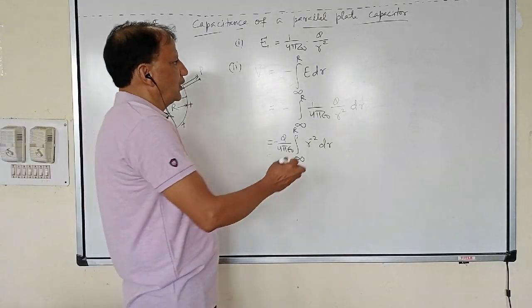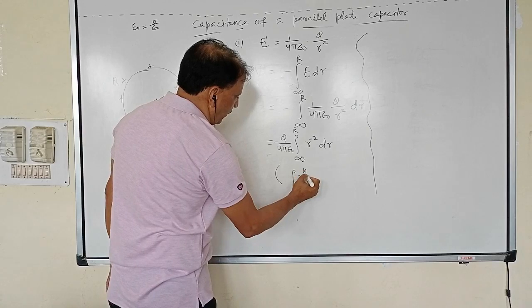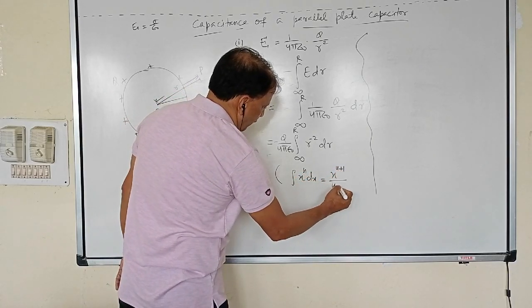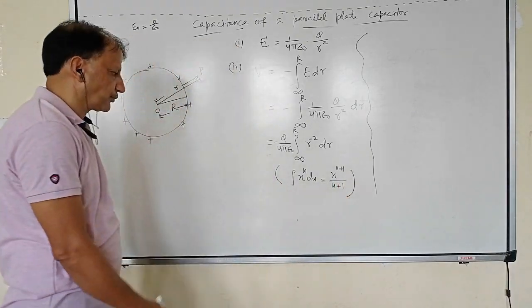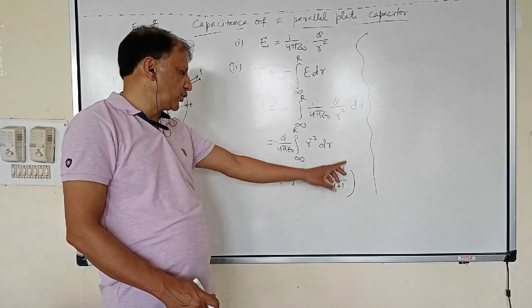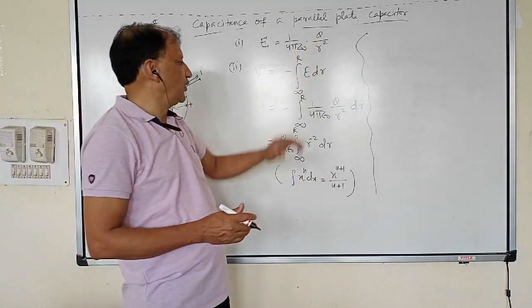Now using the formula, integral of x to the power n. What was that? x to the power n plus 1 upon n plus 1. This we know. In case of integration of x to the power n dx, the value will be x to the power n plus 1 divided by n plus 1. Now putting this value here, you see what is the value of potential?